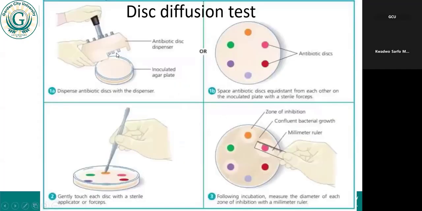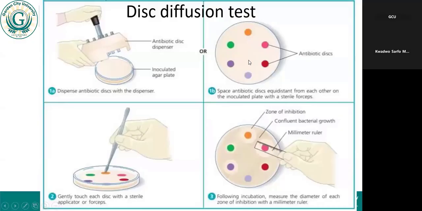So here we have different antibiotics placed within the dispenser. You can have gentamicin here, vancomycin here, erythromycin here, arranged with the concentrations inscribed on them. You have your petri dish with the medium. You plate your isolate first, spreading it evenly onto the medium before you dispense the antibiotics.